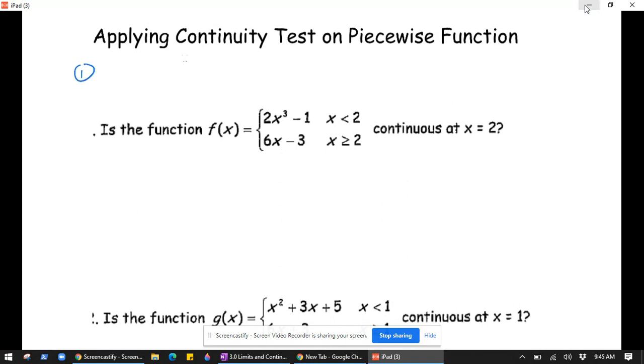So the test says that, first of all, for a function to be continuous at a particular x value a, we need the function to exist there. We need this to exist. We need the limit as x approaches a to exist.